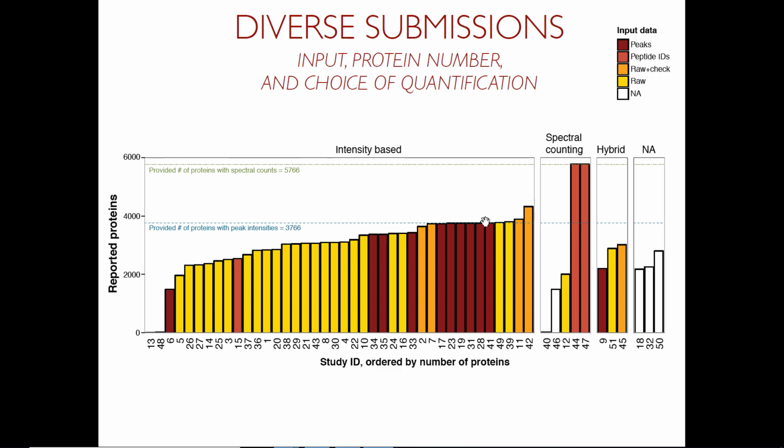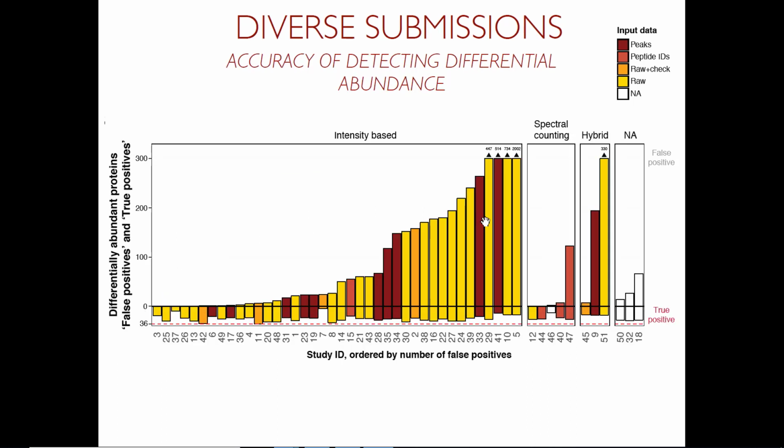What we really were interested in is detection of differentially abundant proteins. So here is another plot. Again, each panel separates intensity-based quantification, spectral counting, and hybrid. The x-axis is the ID of the study participants. Now, there's this black horizontal line here. Below the horizontal line, these are the true positives.